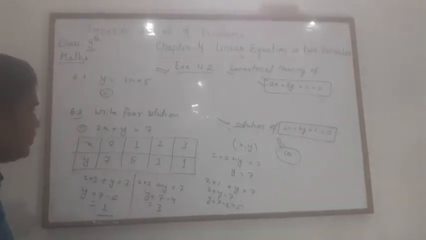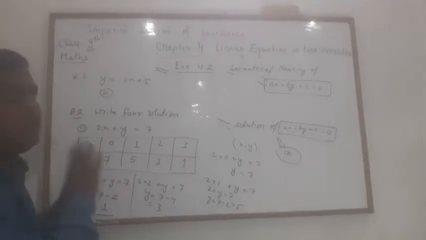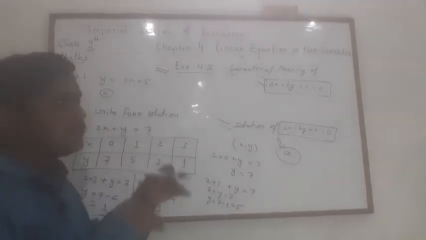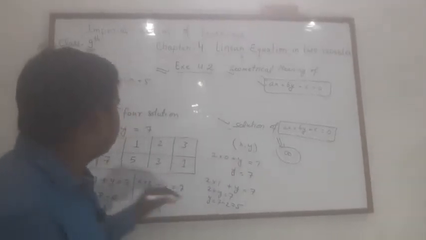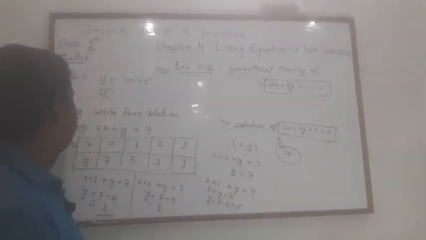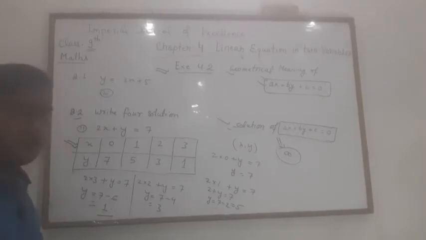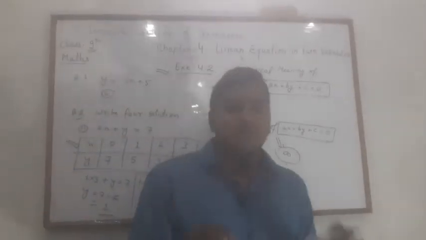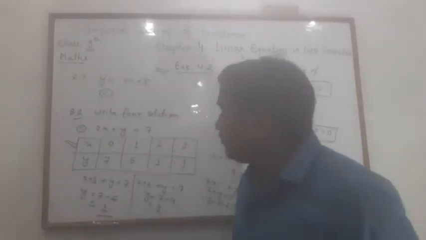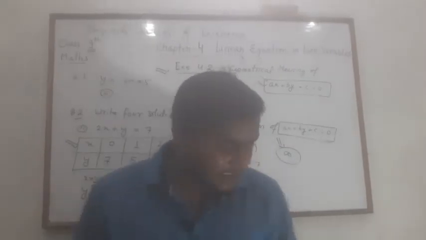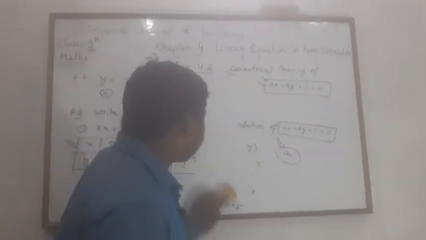In a question that says write 5, 6, or 10 solutions, you will add more columns here. So here are the 4 solutions. I hope you understood how to find the solutions. Now we are moving to question number 3. Let's see question number 3.